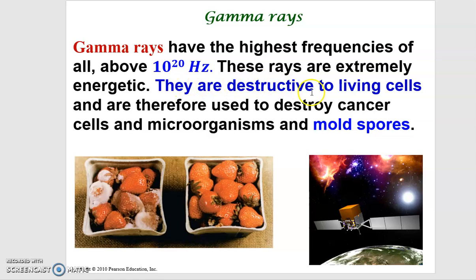They produce big damage to living cells. So sometimes people use this as a source to kill harmful tissues.